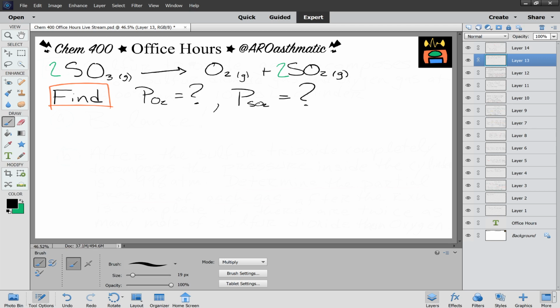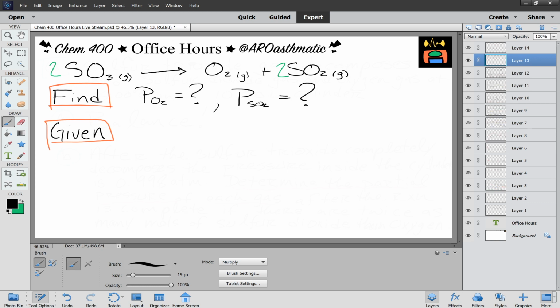Now, let's write out what we're given. Let's take a look at what we're given in this problem. The first 2 bits of information come from the very beginning of the problem.